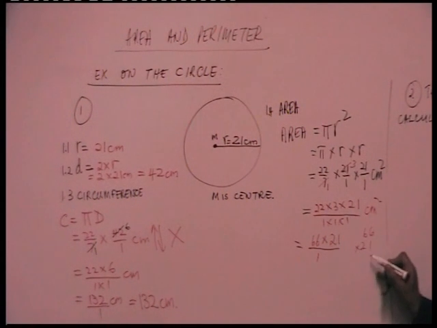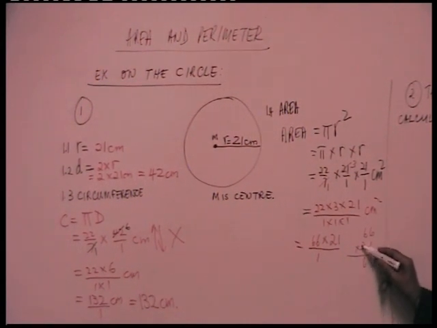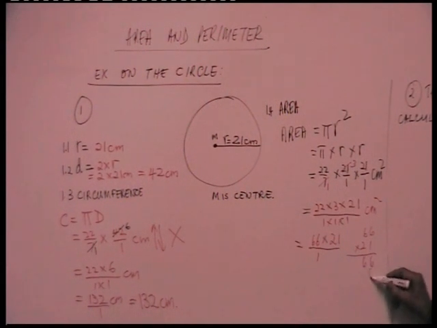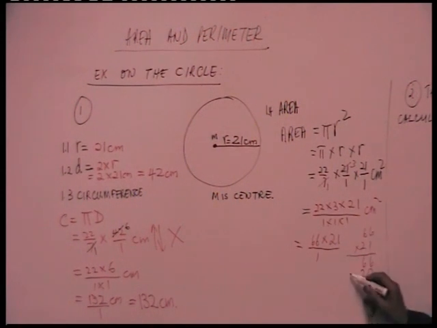66 times 21. Well, I don't know how you've learnt it, but if I do the units, 1 times 6 is 6. If I'm doing the 20s, so that will be the 0. 2 times 6 is 12. 2, 6, 12 and 1, 13.